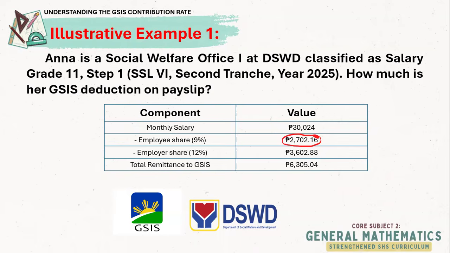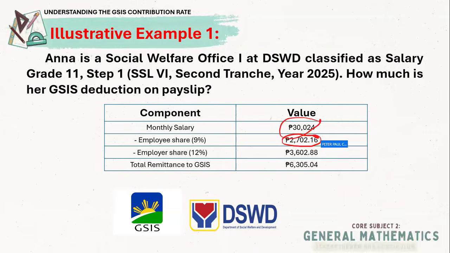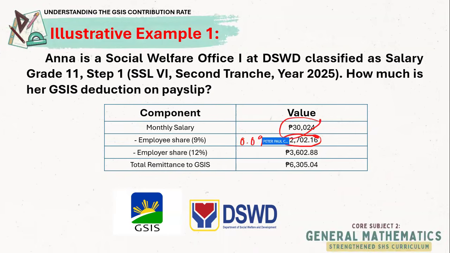So we multiply the monthly salary with 0.09. And for the employer share, we multiply 0.12 with the monthly salary. So 30,024 times 0.09 is 2,702. And 30,024 times 0.12 will get 3,602. Add the two, and that will be equivalent to 21% contribution.